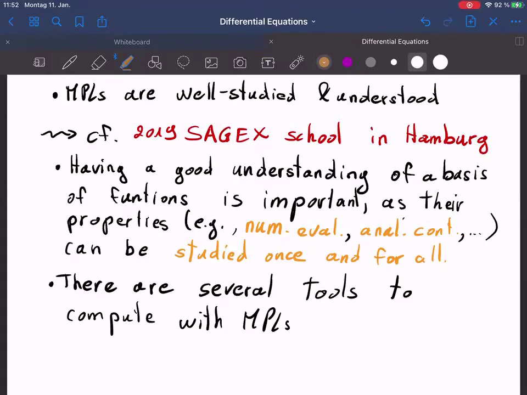So there was a whole lecture at the SAGEX school just on these functions. That's why I don't want to spend much more time on this, because otherwise those of you who have attended the Hamburg school 18 months ago may get bored. And it's not so important to understand the rest of the lecture.